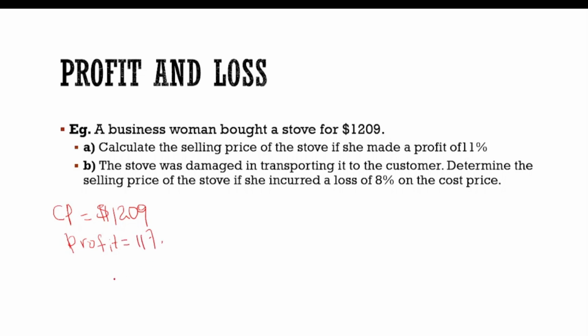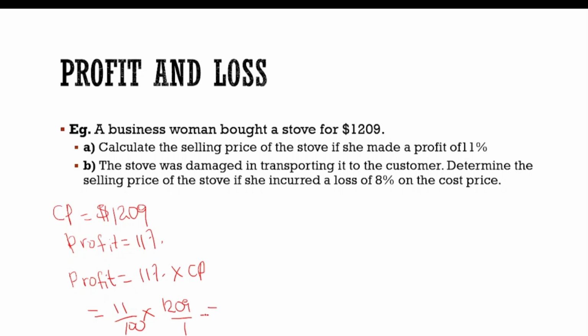To find the selling price, we need to determine the dollar value of this 11% profit that was made. And we do that by finding 11% of the cost price. So the profit that was made is equal to 11% times your cost price. That is equal to 11 over 100 times our cost price of 1,209.